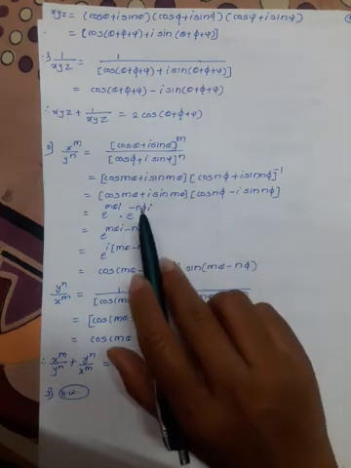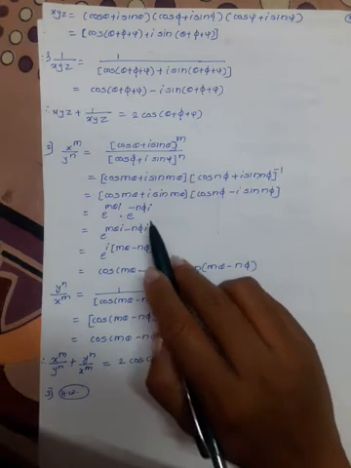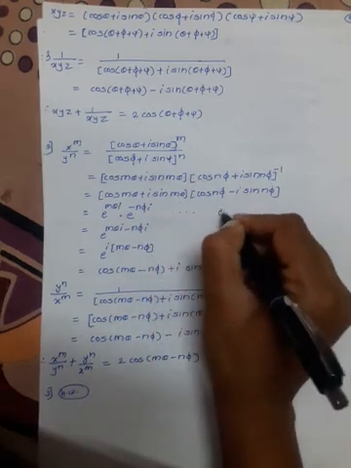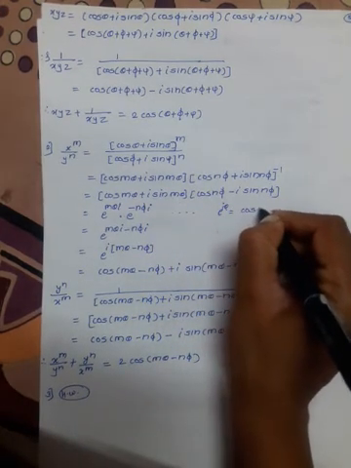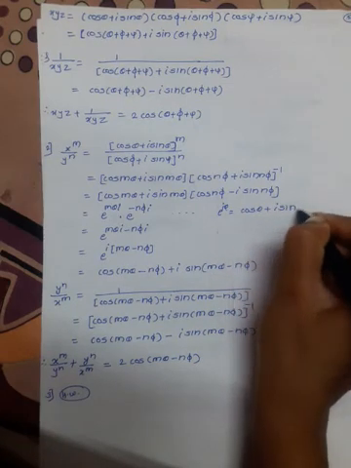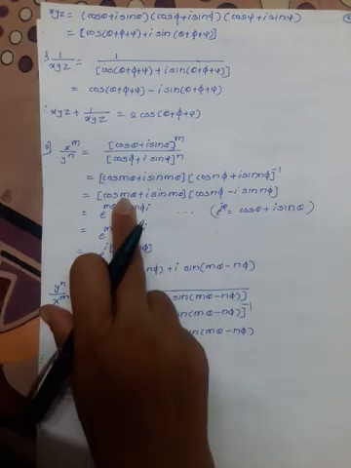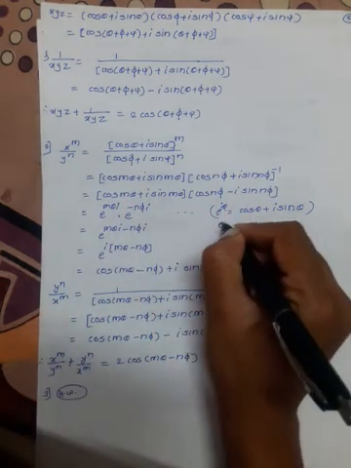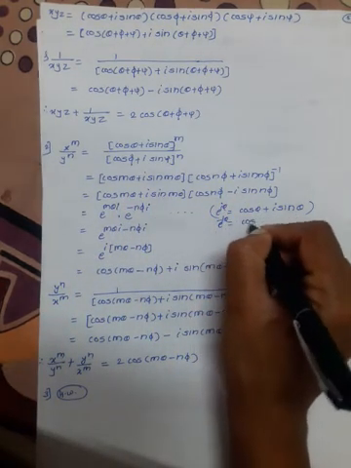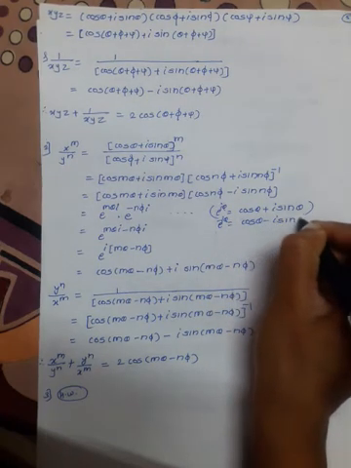That's why we have to again use the exponential form, e raised to i theta, that is cos theta plus i sin theta. This is the definition we have to use. Theta is here m theta, and here e raised to minus i theta we have to use, cos theta minus i sin theta.